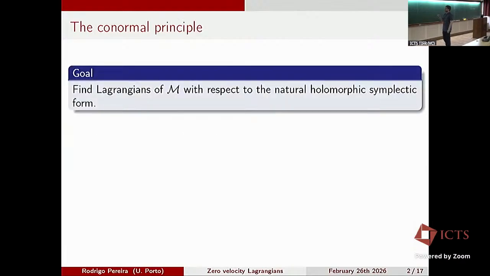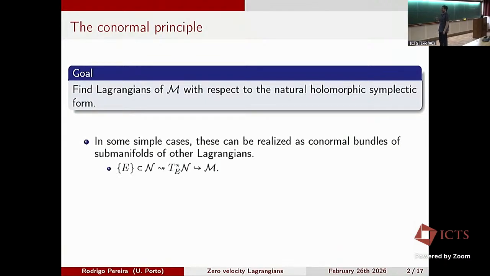Okay, so now you have a symplectic manifold. You want to find some Lagrangians, right? One idea you can try is to first take one already known Lagrangian, some subvariety inside it, and consider its conormal bundle. For very simple cases, that works.